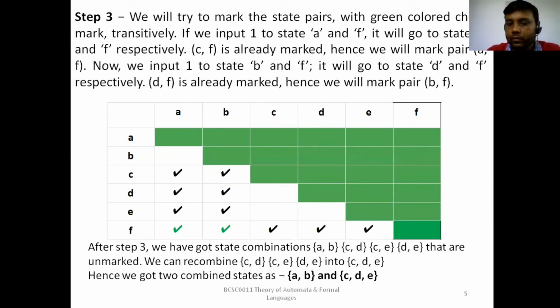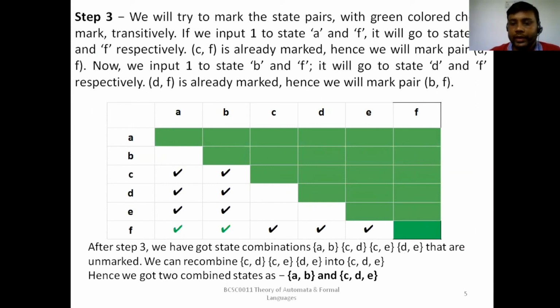Now after this, the next step is we have to combine all the unmarked states. So here the unmarked state pairs are AB, CD, CE, and DE. So these 4 cells are unmarked after this step 3.